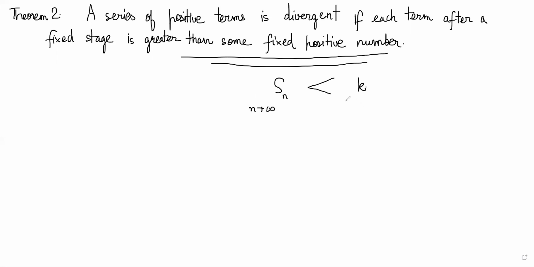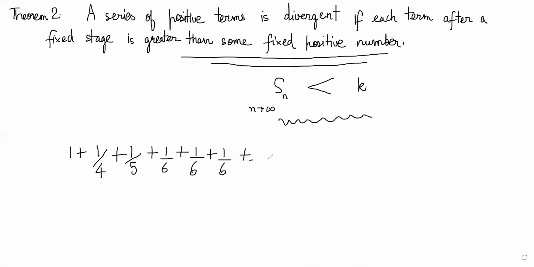Do you understand why this will be divergent? Suppose you have some series like this, maybe some smaller series: 1 plus 1 by 4 plus 1 by 5 plus 1 by 6 and so on.